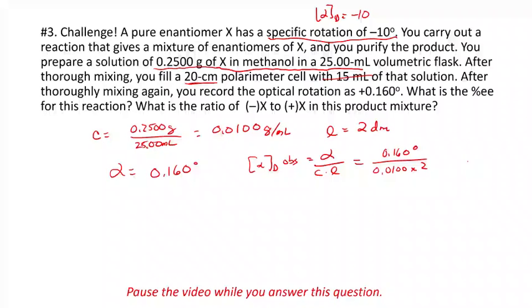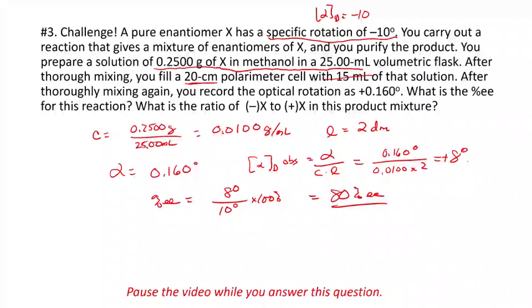That's 0.16 divided by 0.01, that's 16, divided by 2 is 8 degrees positive. Okay, so the question is, what's the percent EE? Percent EE is our observed rotation, 8 degrees, divided by the specific rotation for this enantiomer, which would be plus 10, times 100%, and that is 80% EE.